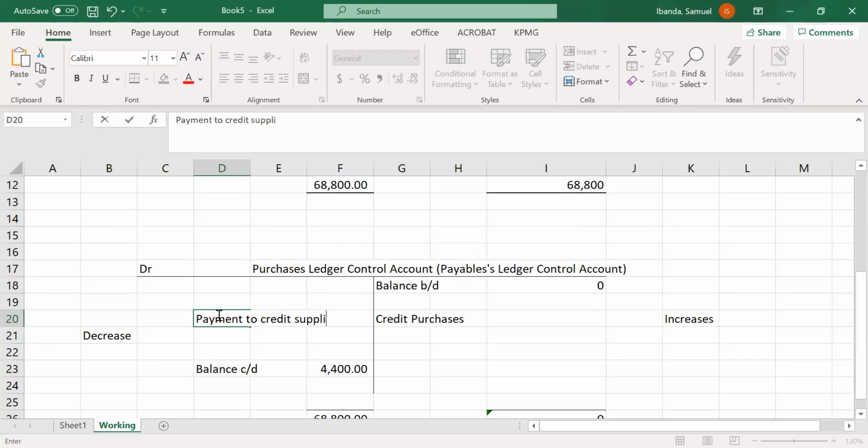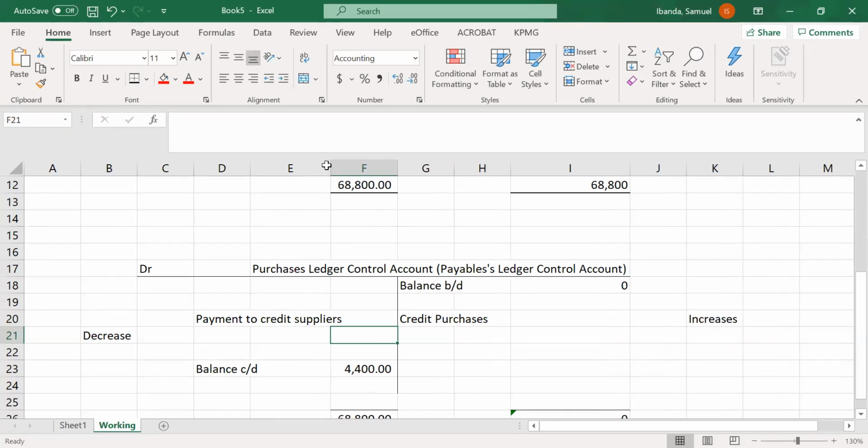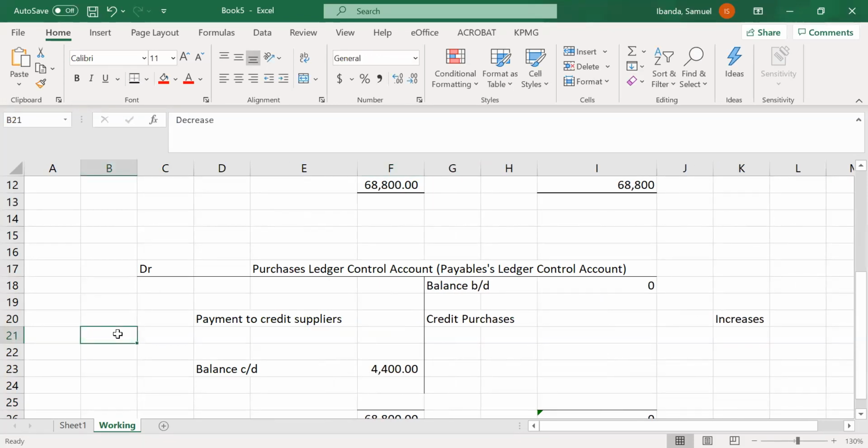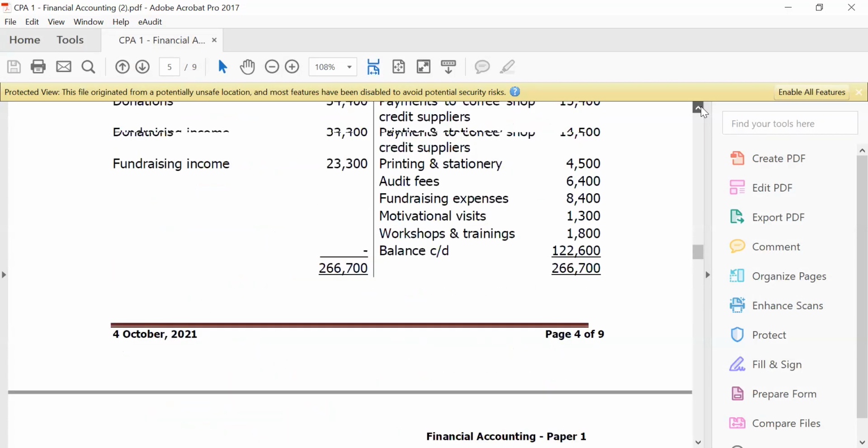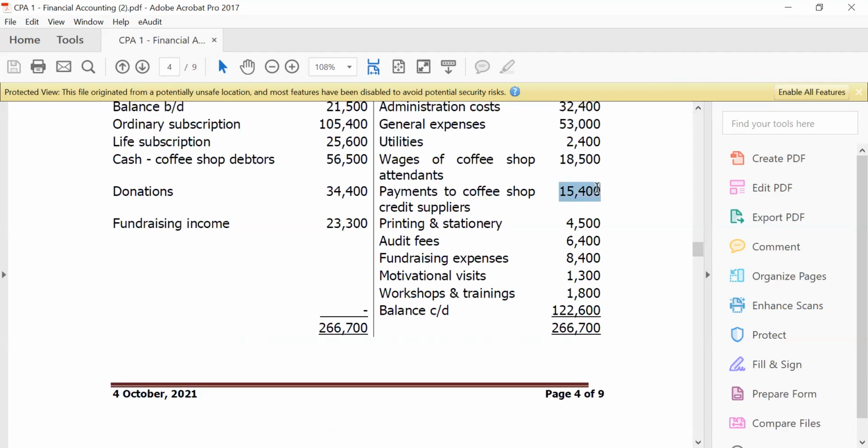Whenever you pay your credit suppliers, your trade payables will reduce. So now after you have done that, you go and get the respective values. Credit purchases is what we are looking for, so ideally, we have at least our payment to credit suppliers, which is 15,400.